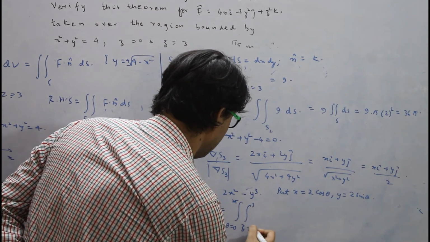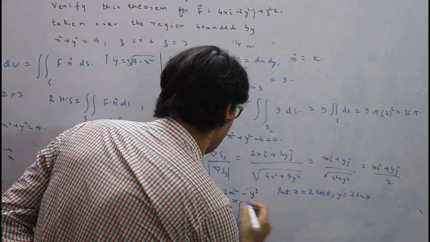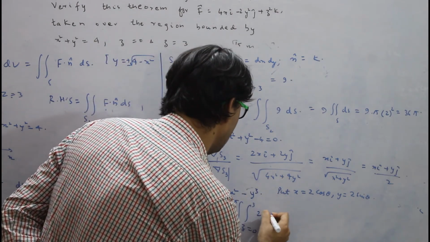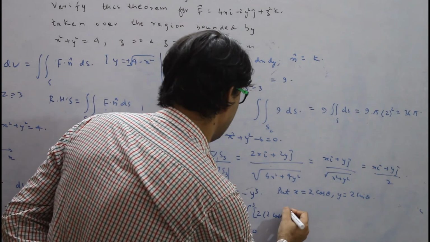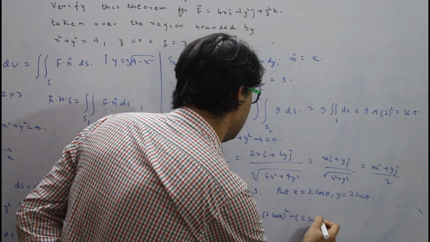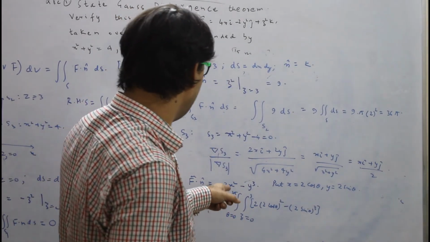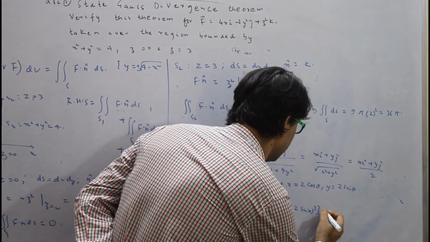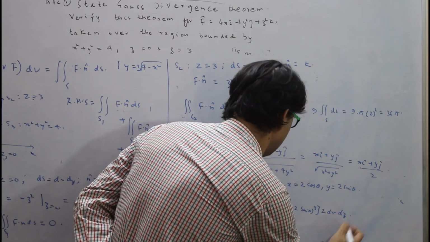So this becomes 2. In place of x I will put 2 cos theta, whole square, minus 2 sin theta, whole cube. Now you have to find the r dr dtheta dz. So our radius is 2, so in place of r I will write 2, and dz.